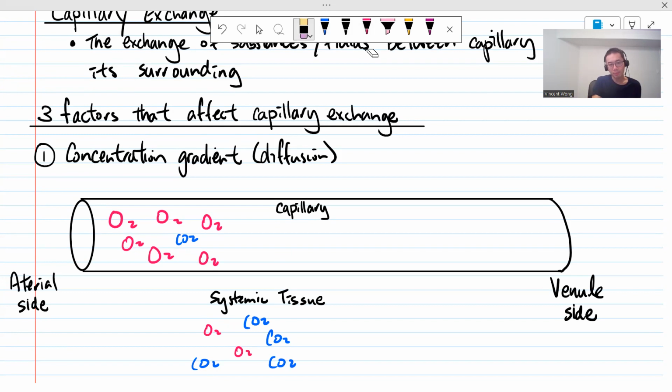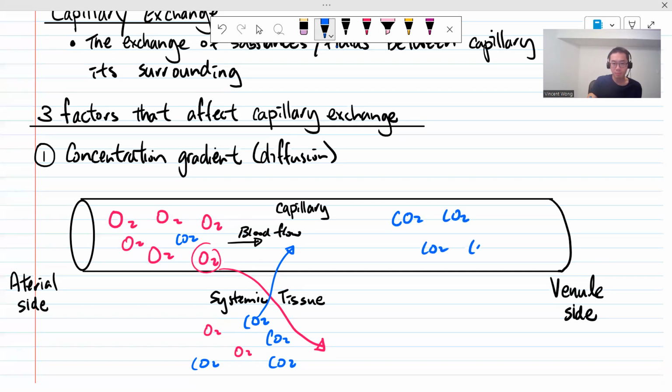So when the blood is going this way, right? It's going this way, blood flow. Naturally, the oxygen is going to diffuse out and the carbon dioxide is going to diffuse in. Do you understand that? It's pretty straightforward, right? So afterwards, you're going to have more carbon dioxide because it got picked up from the tissue.